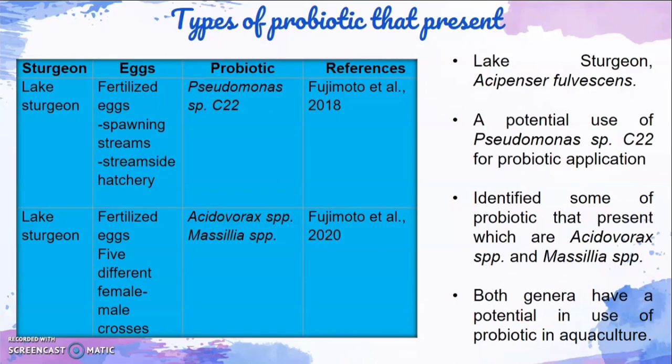In the study of Fujimoto et al. 2020, they identified some probiotics present in their study, which are Acidovorax species and Massilia species. Both genera have a potential use as probiotic in aquaculture.